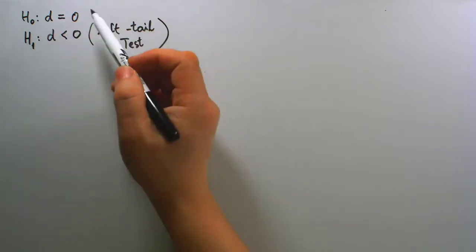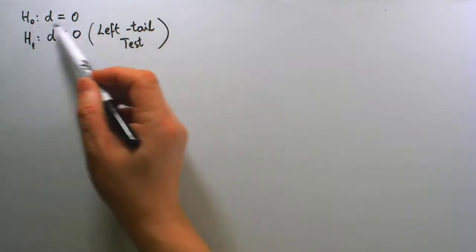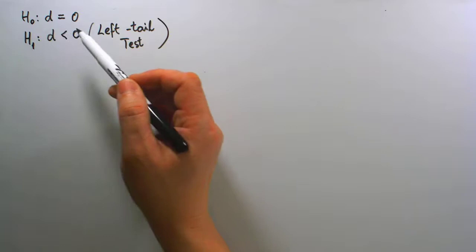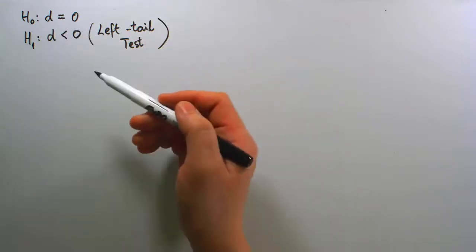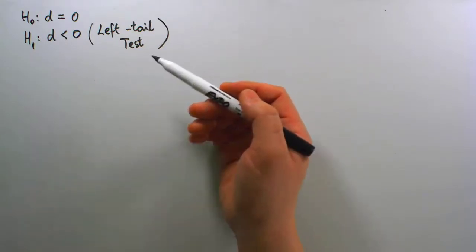Now think about the logic a little bit before I move on further: it makes perfect sense to have a null hypothesis stating that d equals 0, because in this particular study we are comparing man and woman populations, but in the end, being a male or being a female, we're all human beings.